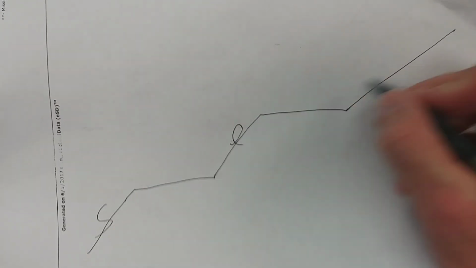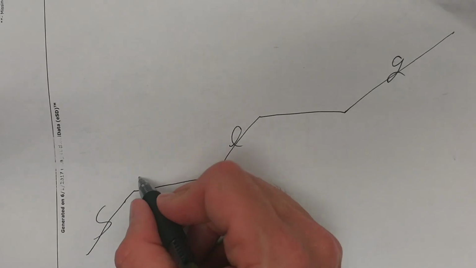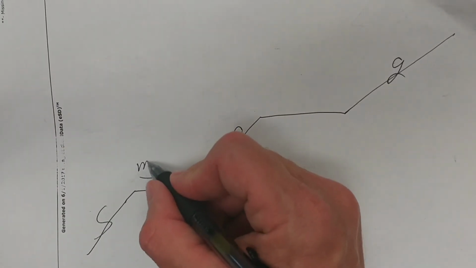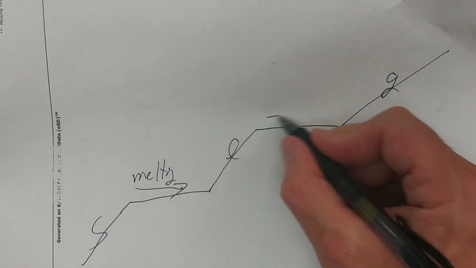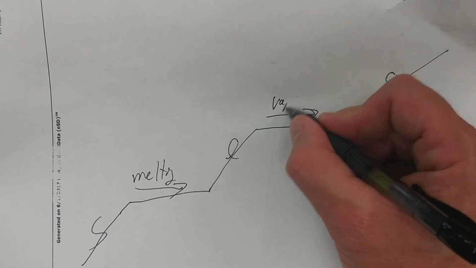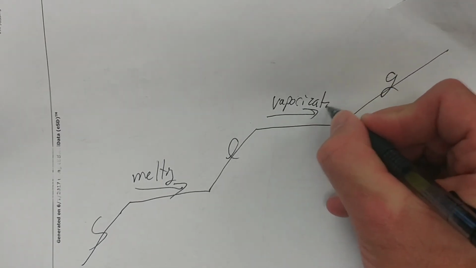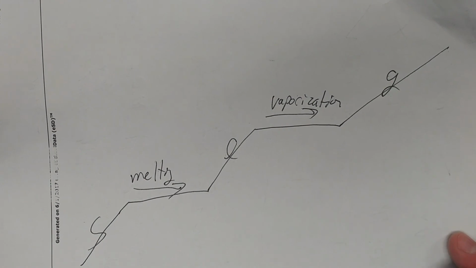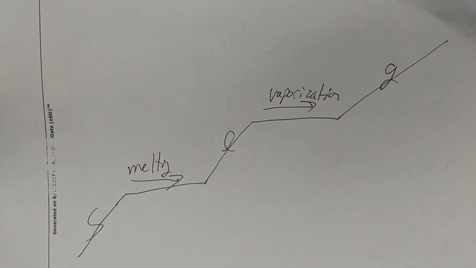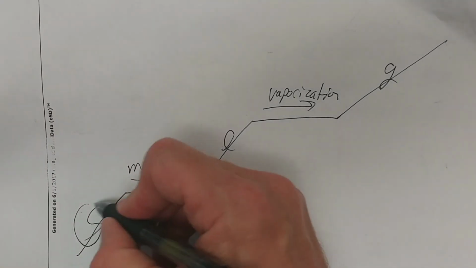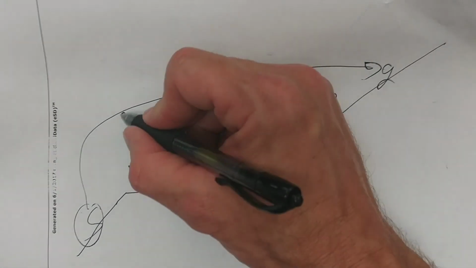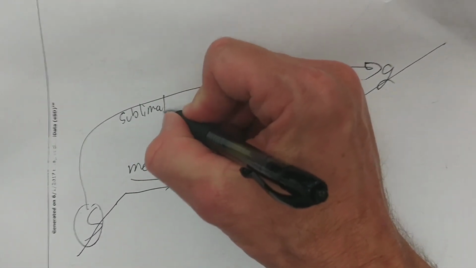Solid, liquid, gas. Phase change from a solid to liquid, melting. Phase change from a liquid to a gas, vaporization. Evaporation or boiling are usually acceptable, but vaporization is correct. Solid directly to a gas, sublimation.